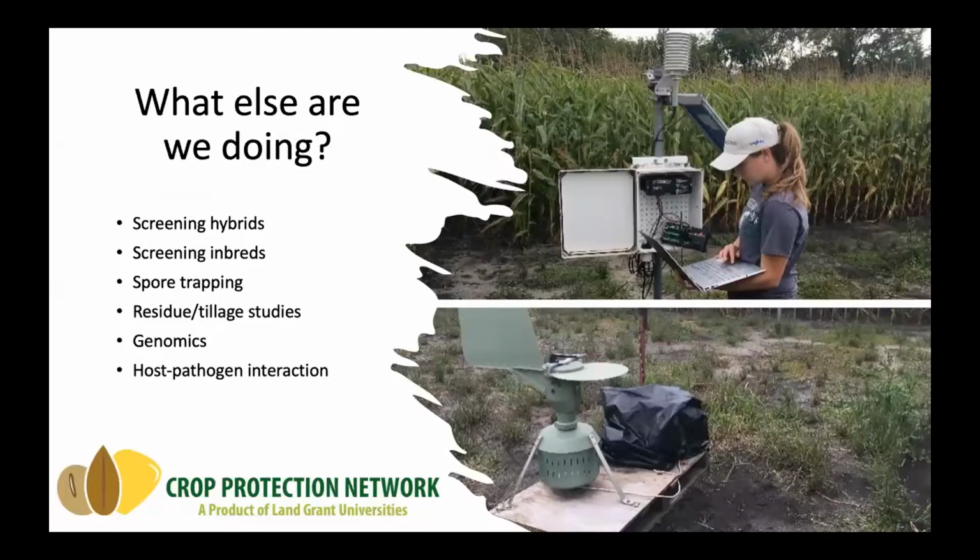So what else is the community of plant pathologists looking at? There's a lot of work on screening hybrids and inbreds right now. Spore trapping, I think, is very interesting. We know this fungus, the spores blow around in air.